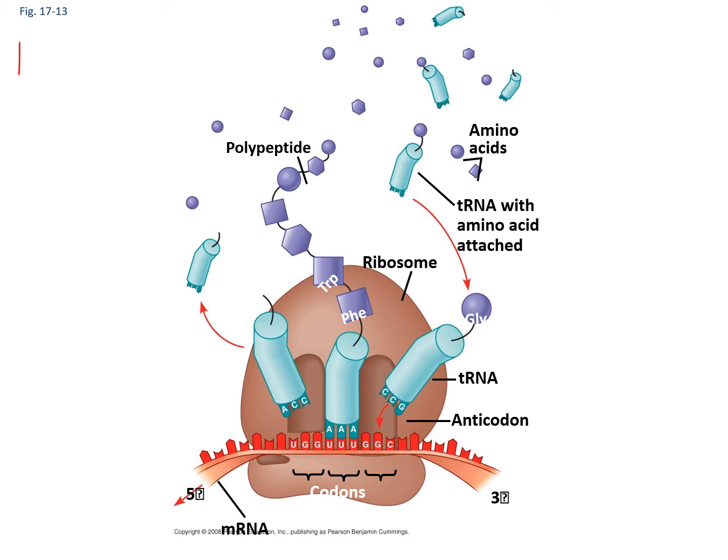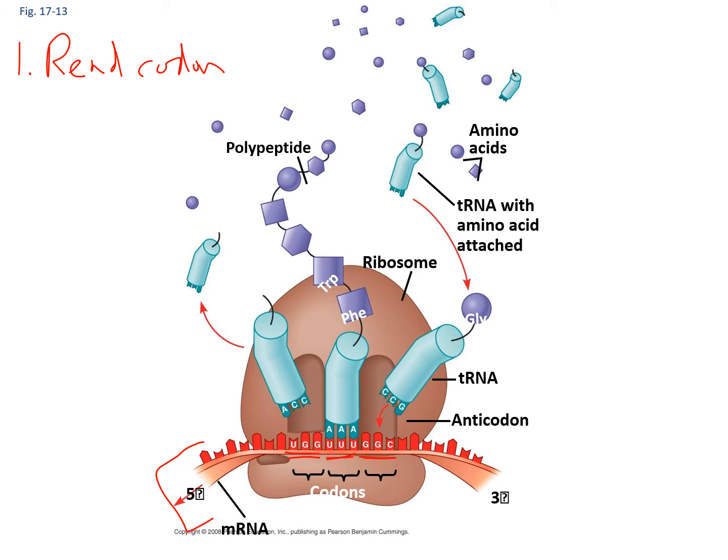The first thing it has to do is read the codon on the RNA. So it's going to bind to the RNA and it needs to read the codons on the RNA.